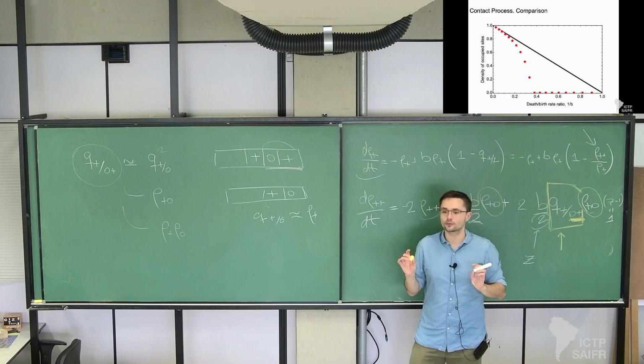you have the probability of the 0 plus pair, which is rho 0 plus, times the conditional probability. Wait, no. I'm looking at the equation, sorry.